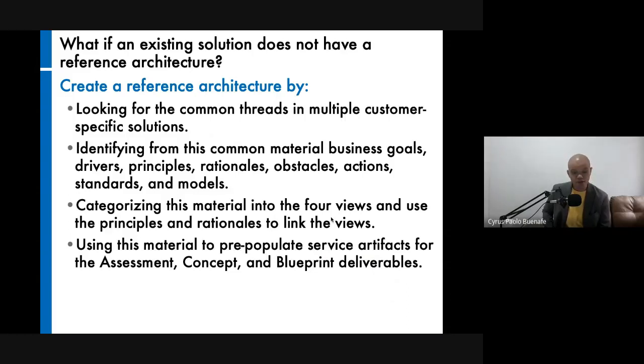So you don't really have to build from scratch, because if you're dealing with a customer in the same industry, they might be faced with the same drivers. They might even have the same goals. They will probably measure the same metrics. So why go through the same thing again when you know that the results would probably be the same? Normally this works if you're dealing with an architecture that is pertinent in the same industry.